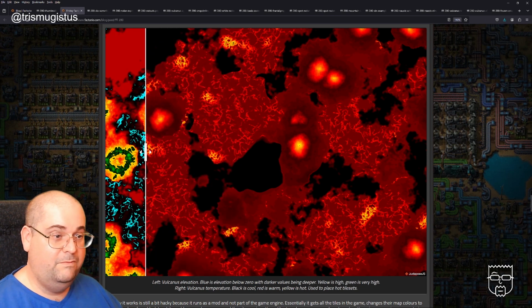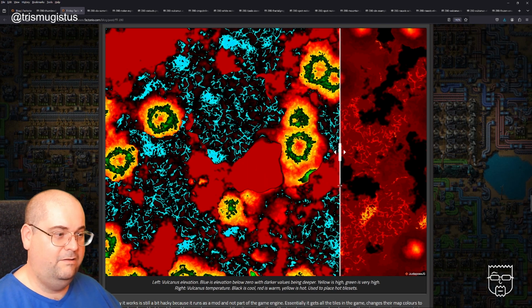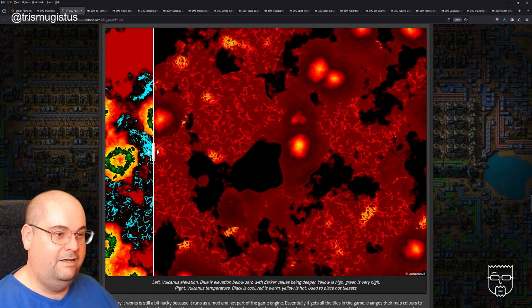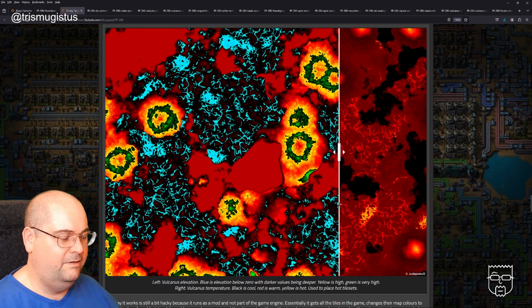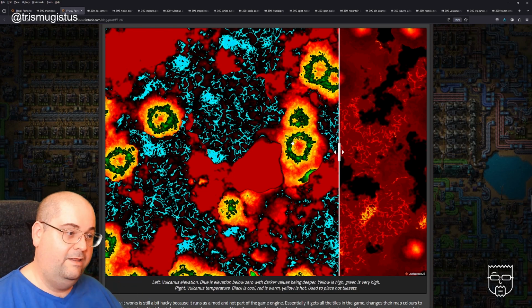And I assume that the green bits effectively become the volcanoes, the actual proper volcano where there's loads of cliffs on it. And then the other bits are where the lava is. And this goes back to my point above, where like here, that yellow and orange must have the same height value, and they're chopping the top of the volcano off, and this will be where the lava is.